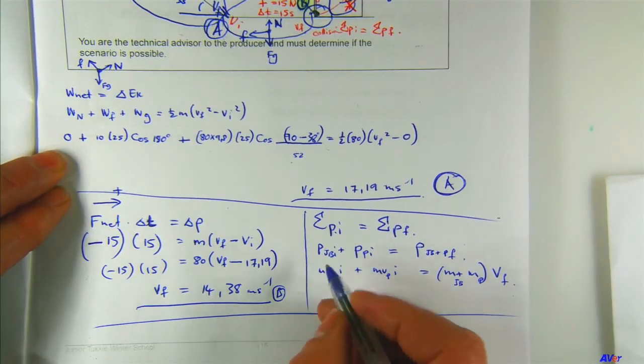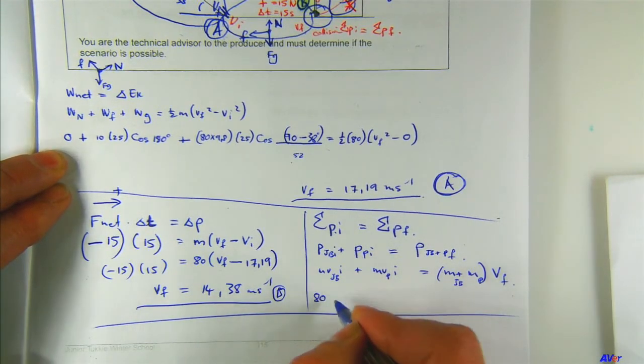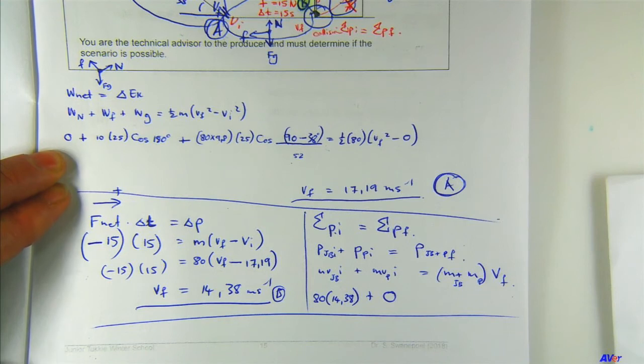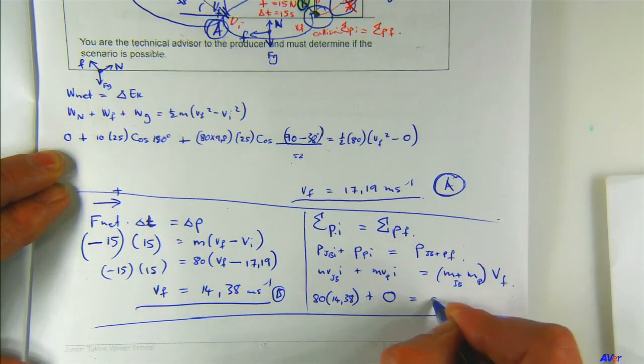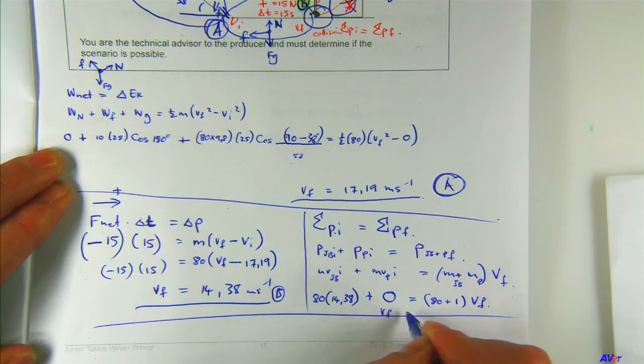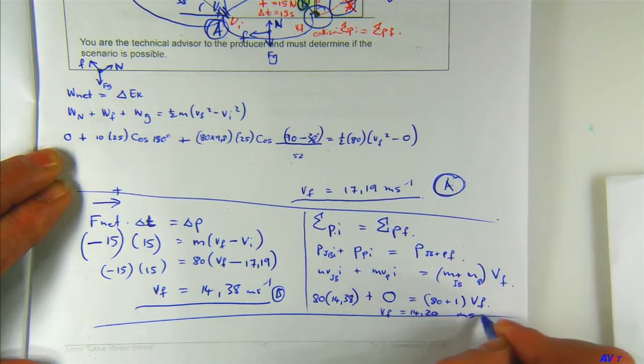So, James Bond, mass 80, and he was traveling at 14,38. The parcel is standing still, so it's got a zero momentum. Right? And afterwards, you've got James Bond plus parcel, and they're moving at the same velocity. And then you have to work out that velocity, and that is 14,20 meters per second.